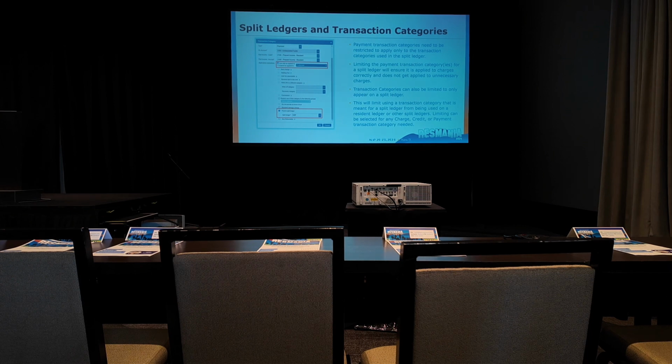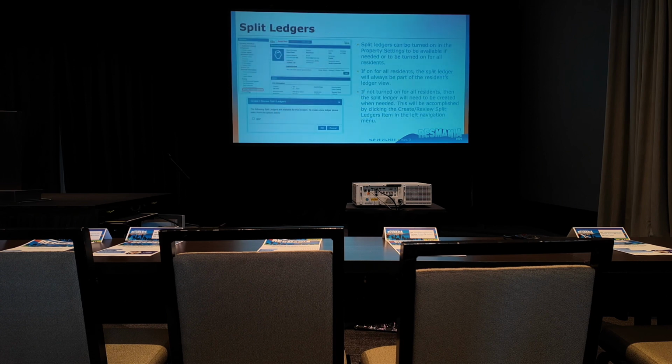Okay, a little deep dive there, maybe more than we needed for this moment, but I want you guys to understand that once you enact a split ledger at your property and you use the transaction icon or the new transaction in the left workflow of a resident's page, a very magical thing happens if there's a split ledger. There's an additional populated space that allows you to assign that payment to the split ledger, whereas if you don't have it enacted, it's not going to be there.